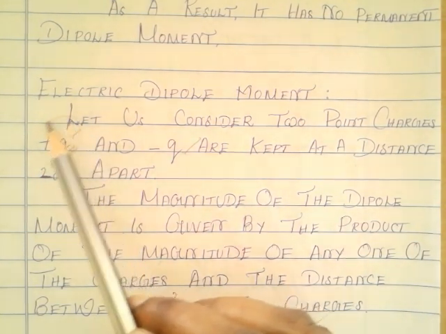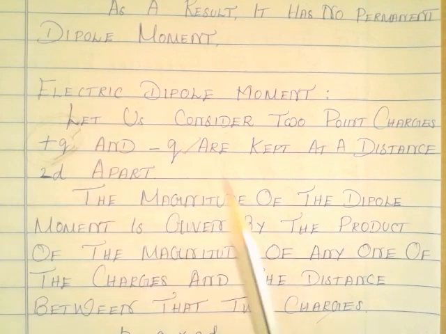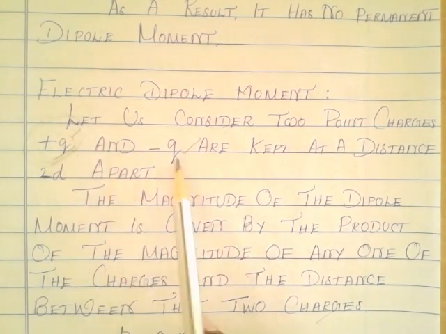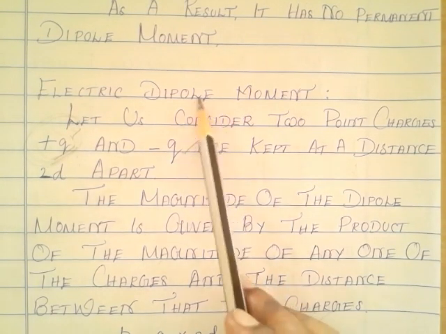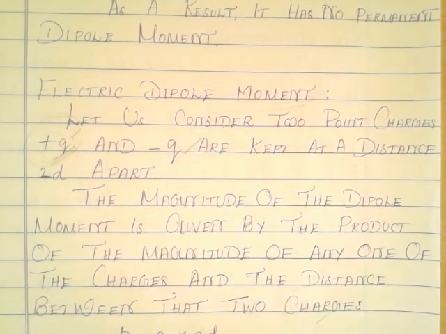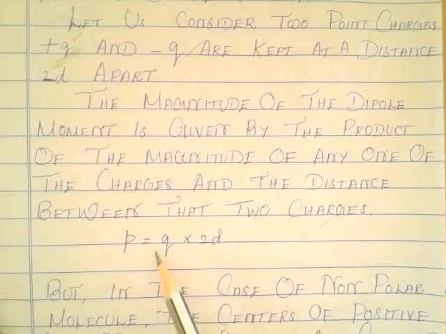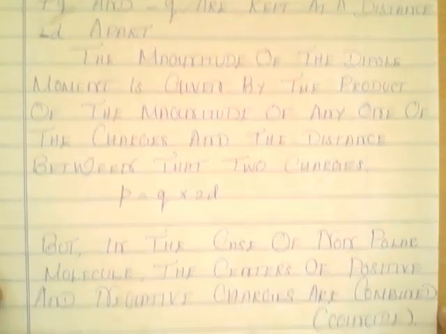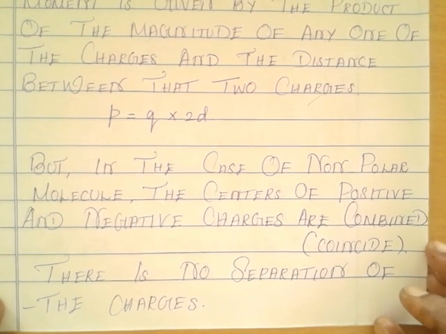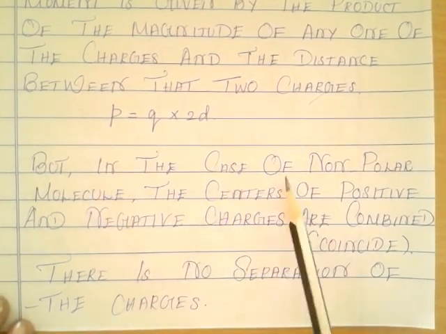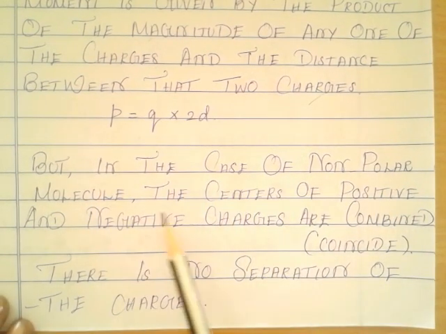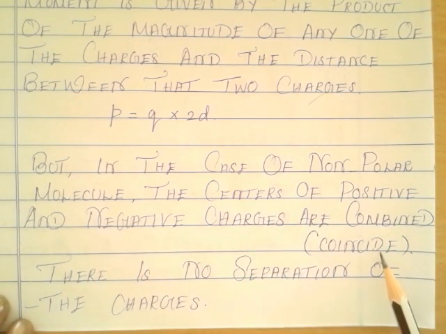Product of magnitude of any one charge and the distance between the two charges gives the magnitude of an electric dipole moment, that is nothing but p is equal to q into 2d. But in the case of non-polar molecules, the centers of positive and negative charges coincide.